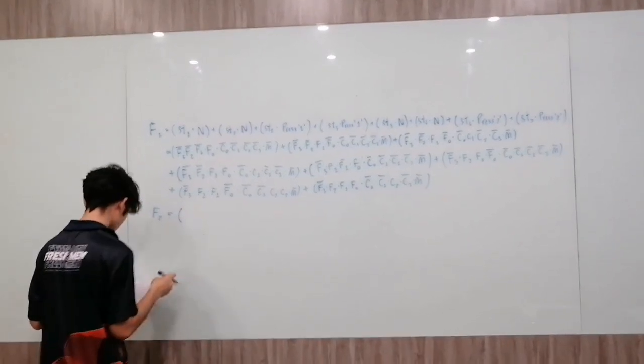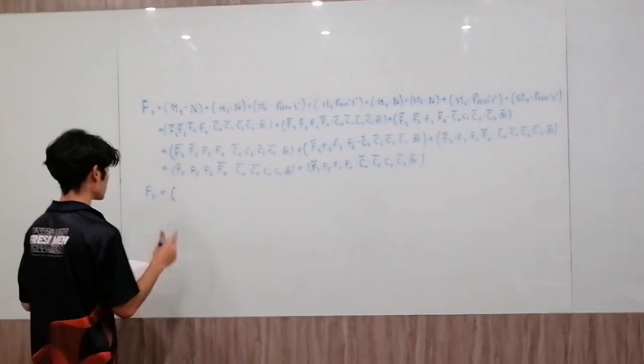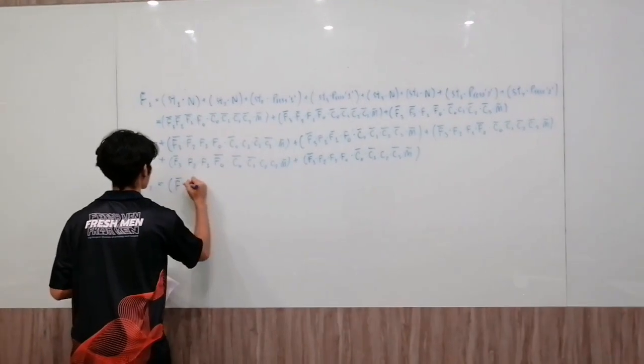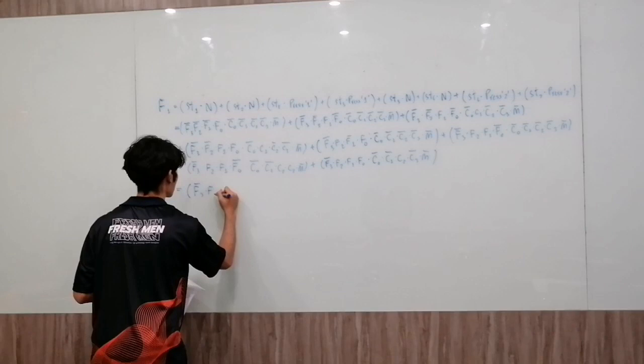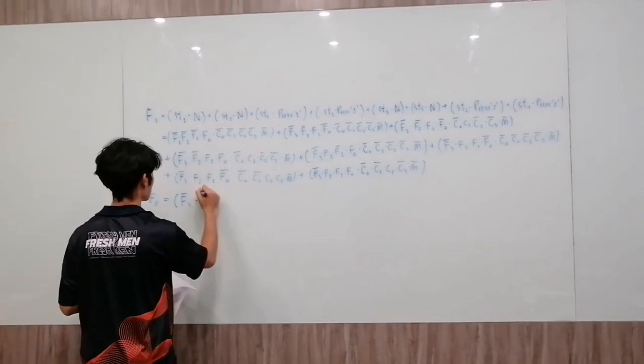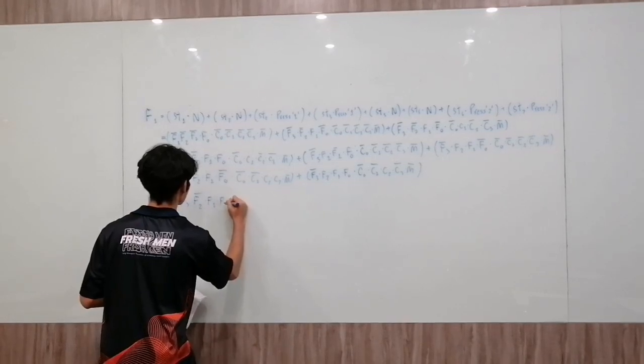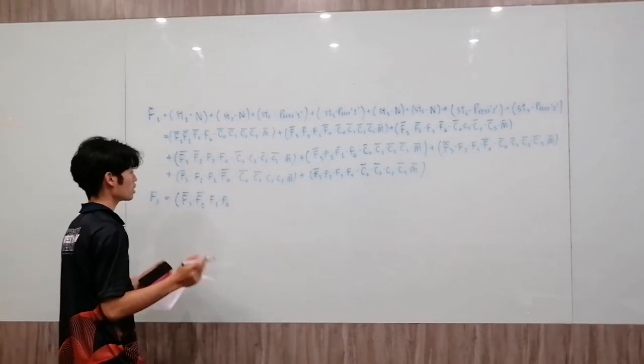F2 is state 3 and with state 3 and with state 3 and with no press.